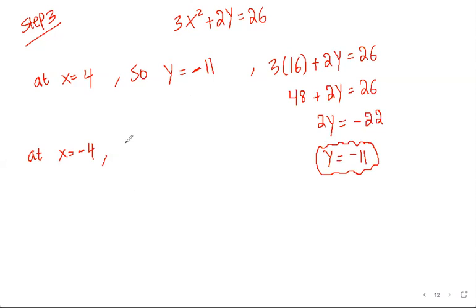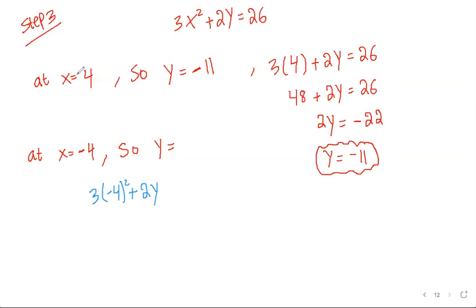Now for negative 4, the same steps. Again 3 times negative 4 squared. It's going to be the same steps, just plus or minus 4, right?